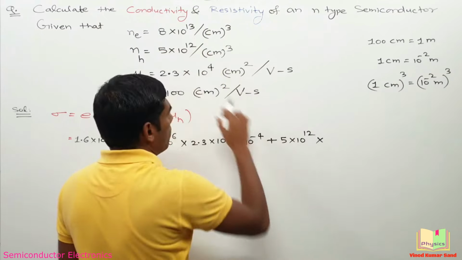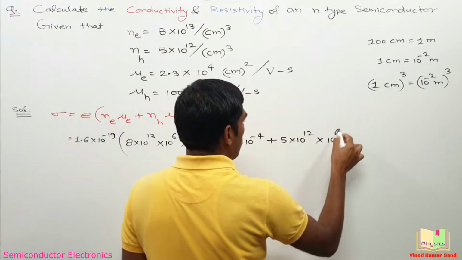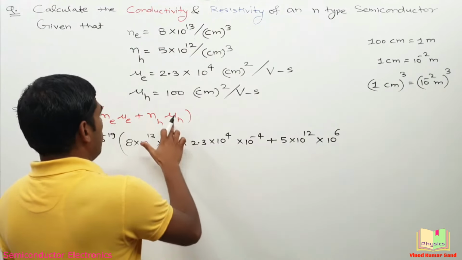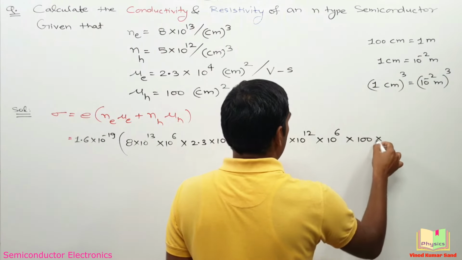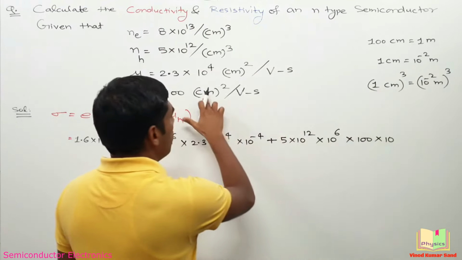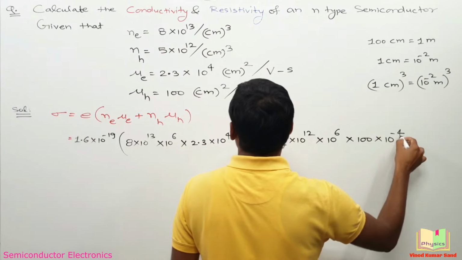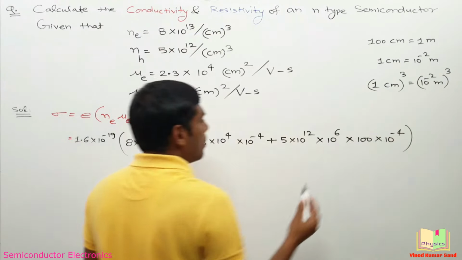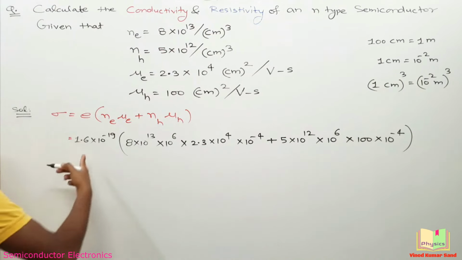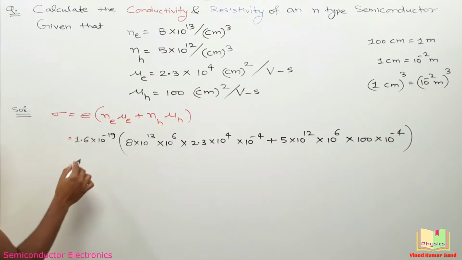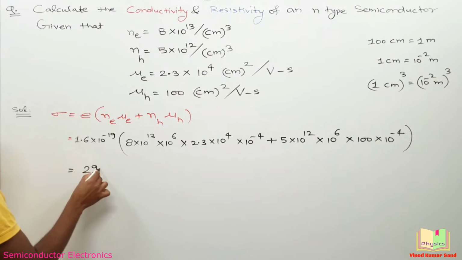So here I should write extra 10 to power 6. Then mu H is 100 into 10 to power minus 4. Let's do further calculation.